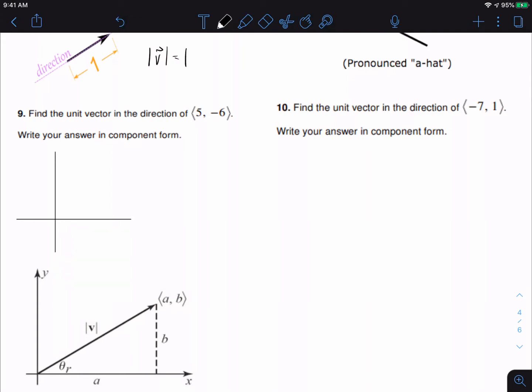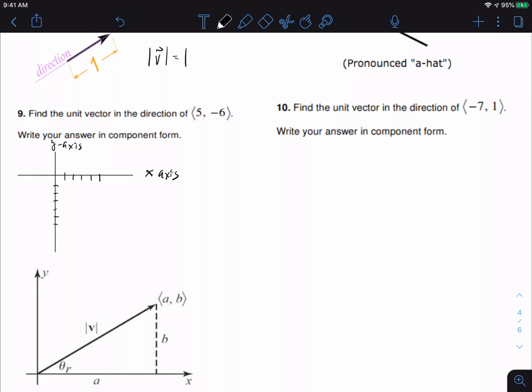In fact, since I'm going to go negative, I should write it up higher. Okay, this is the x-axis here. Here is the y-axis. And so my vector along the x-axis is 5. My vector along the y-axis is that negative 6.